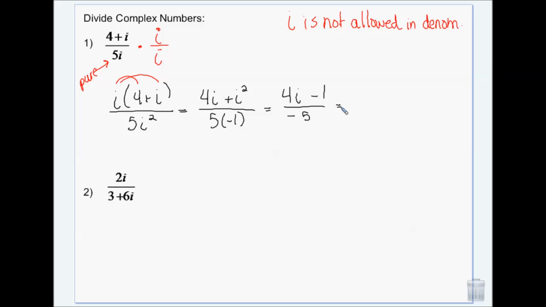Well, typically speaking, we don't really like negatives in the denominator either. And so to get rid of that, we're going to change all the signs.